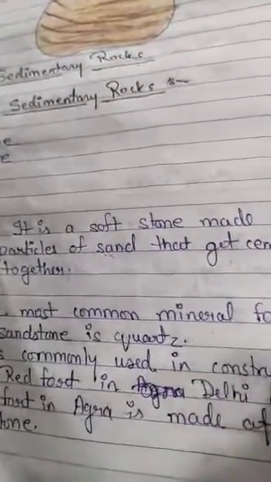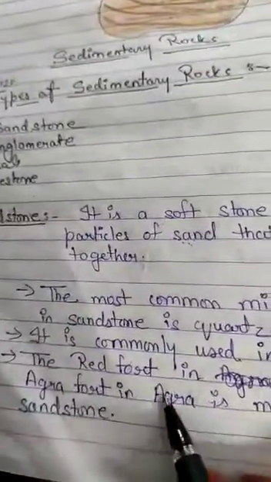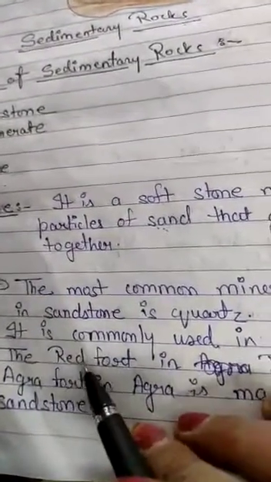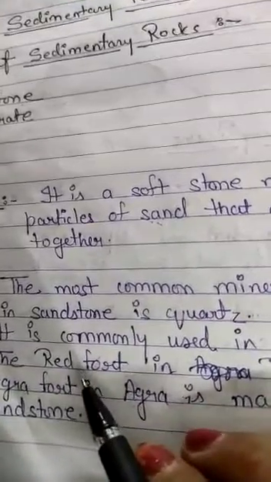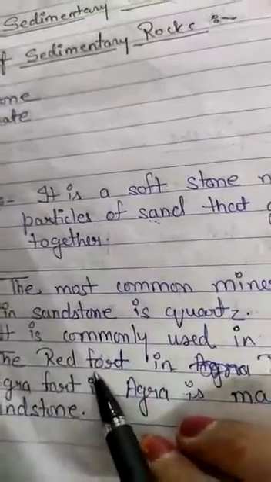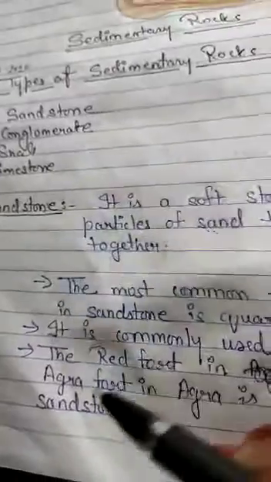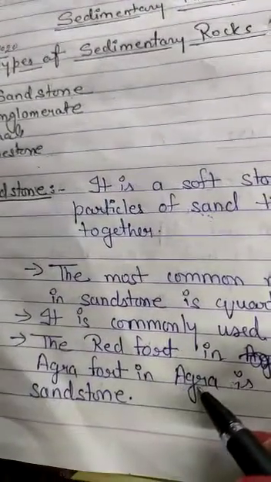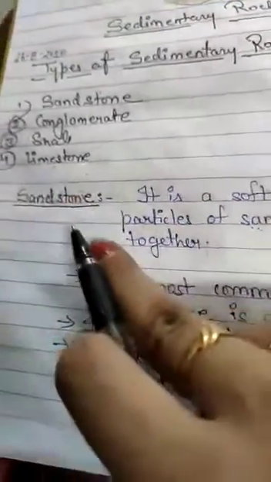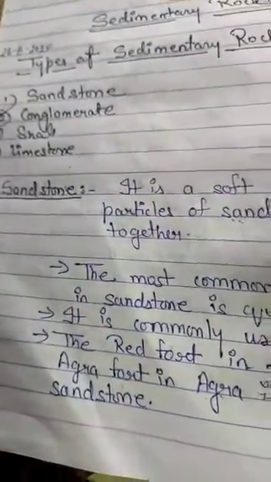The Red Fort in Delhi and Agra Fort in Agra are made of red sandstone. The Red Fort, where our president hoists the flag, is made of sandstone, and Agra Fort, which is present in Agra, is made of sandstone too. So sandstone is a type of sedimentary rock which is used to construct buildings.